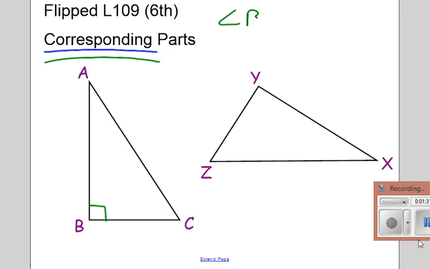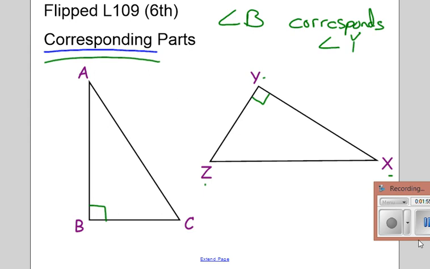So for example, if I told you that angle B is 90 degrees, we would say that B corresponds, right? So which angle would it correspond to? Which one would it relate to? And we would look at Z and X and Y, and we would realize that obviously Y is the 90-degree angle. So angle B corresponds to angle Y. We use that phrase.